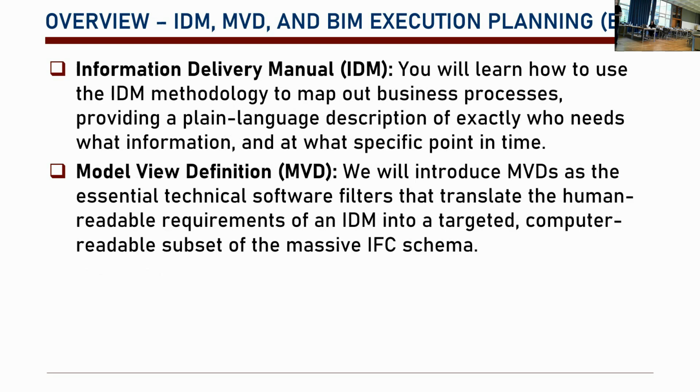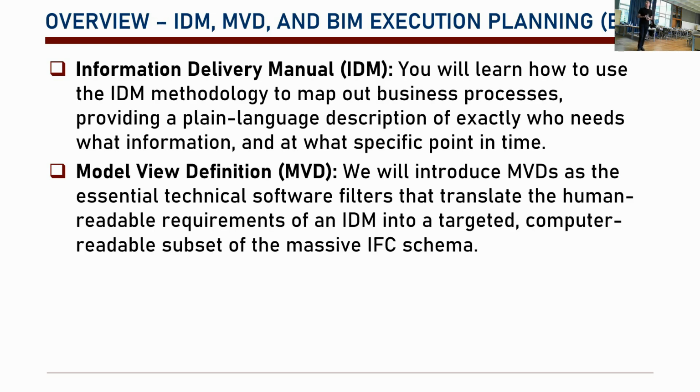Then we have information delivery manual. This is another important thing. It's a methodology where we map out business processes, who's doing what, and we clearly define who needs what information and at what time. And then we have model view definition.